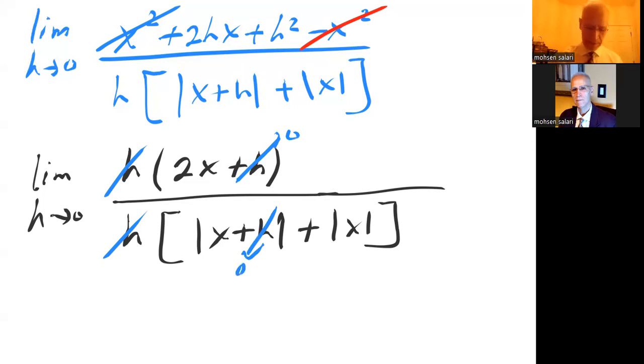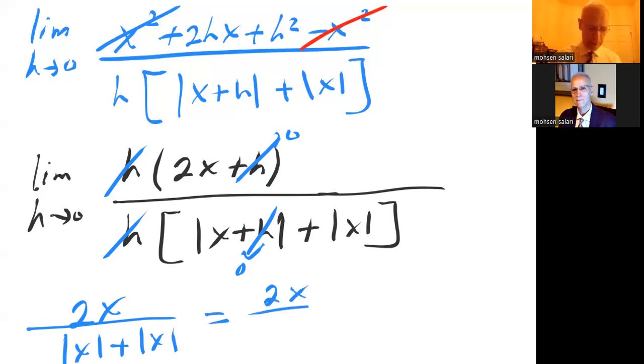And so what I'm left with is 2x over absolute value of x plus another absolute value of x, which is 2x over 2 times absolute value of x, which is the same as x over absolute value of x.